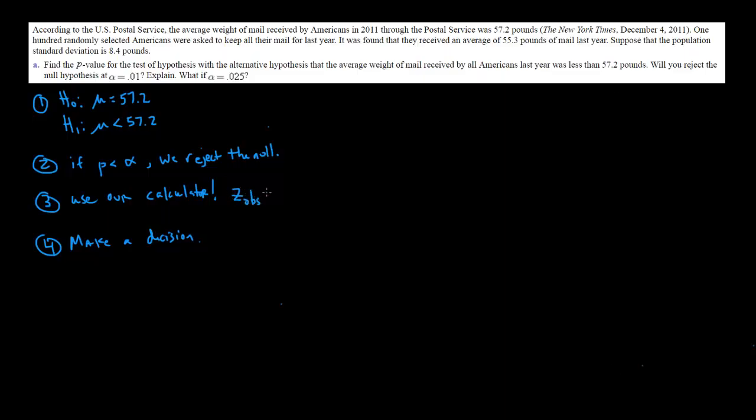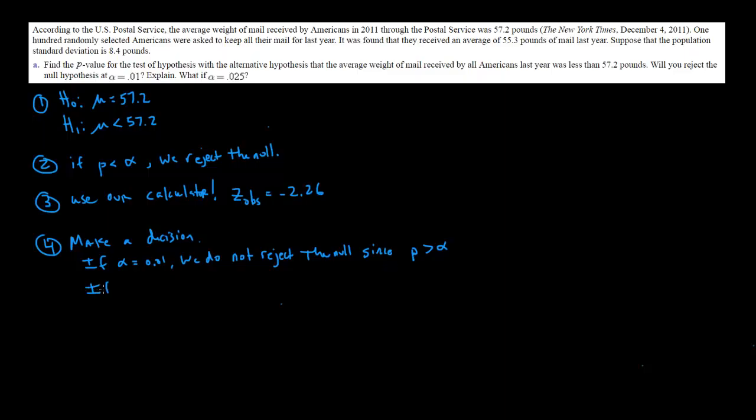Z observed, or Z obtained, is negative 2.26. So the decision is, if alpha equals 0.01, we do not reject the null, since P was greater than alpha.